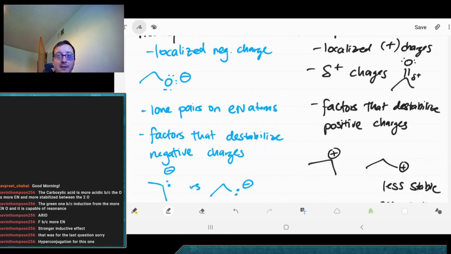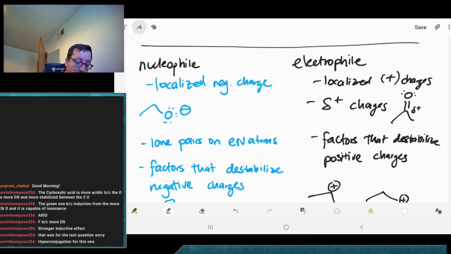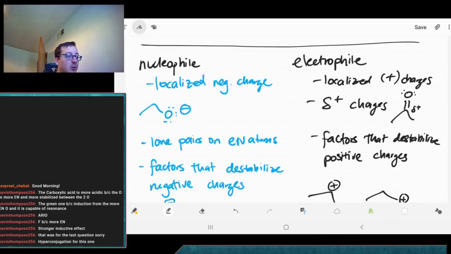So if it has none of these things, if it's just a plain old carbon, then it's neither an electrophile or nucleophile, or it could be both. But let's not worry about that for now. So on that one, hopefully you'll be able to identify one of those should be obviously an electrophile, one of them should be obviously a nucleophile. And then for the others, you can write neither.